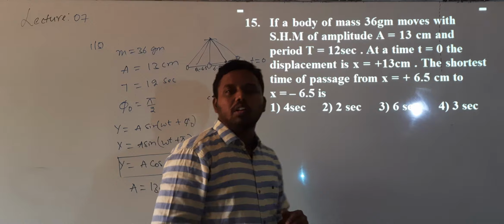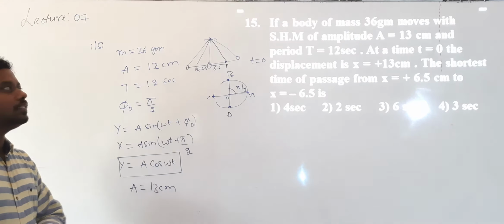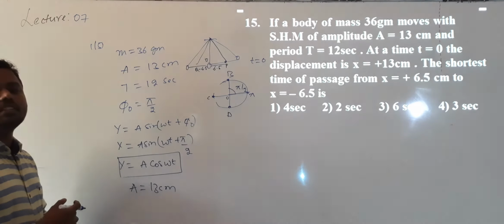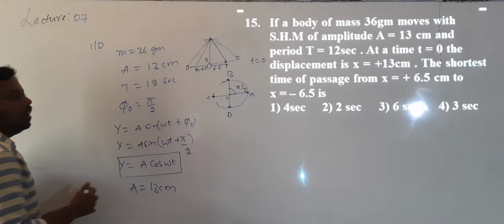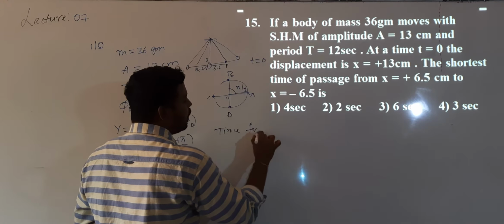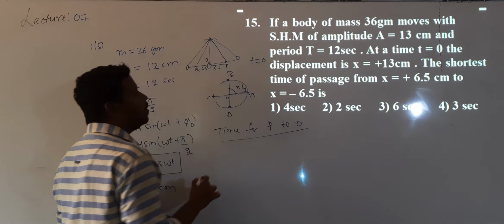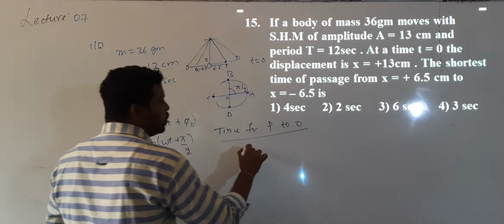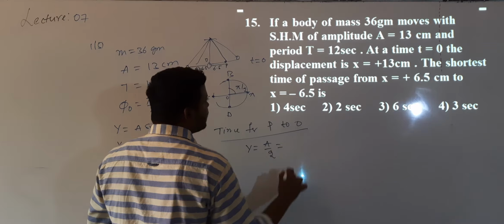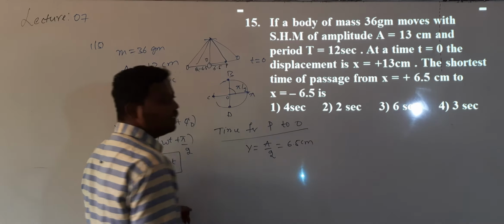Now they are asking the time taken to go from P to Q. So the mean position is O; I can calculate the time taken for P to O. What is the displacement value, which is exactly half of the amplitude, that is 6.5 centimeters. Are you getting that?